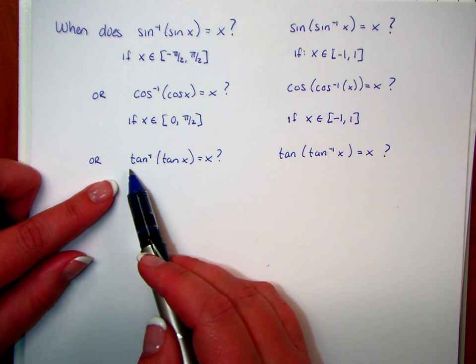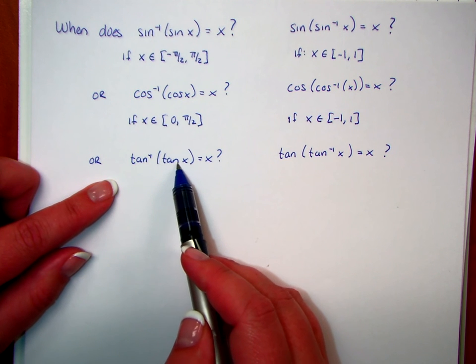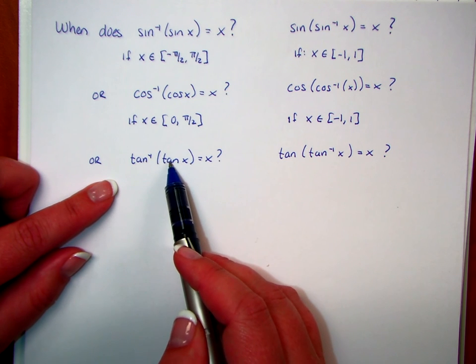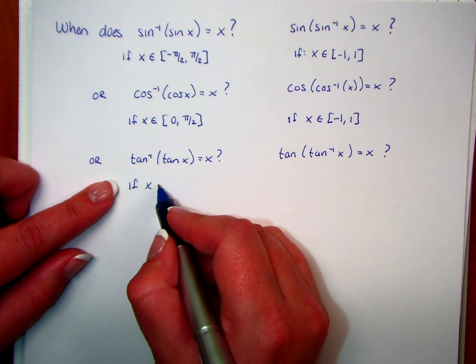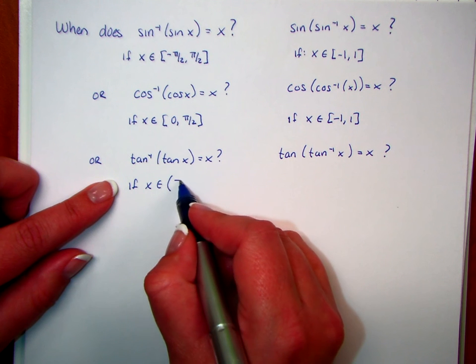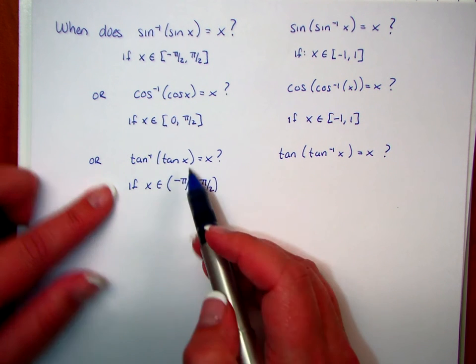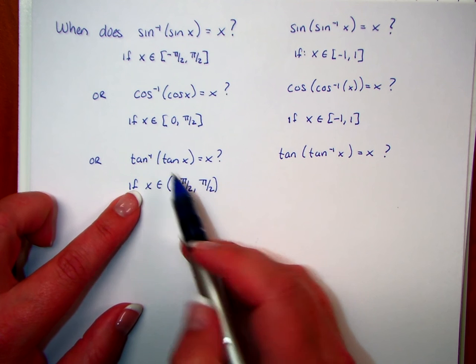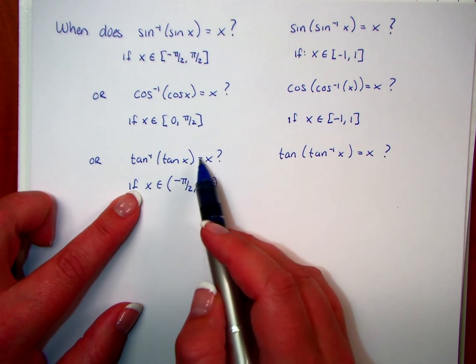For tan inverse of tan x, we have a normal tangent inside, so we ask: is x in the restricted domain of tangent? The restricted domain of tangent was negative pi over 2 to pi over 2. If x is between negative pi over 2 and pi over 2, these will cancel. If not, the answer is not x.